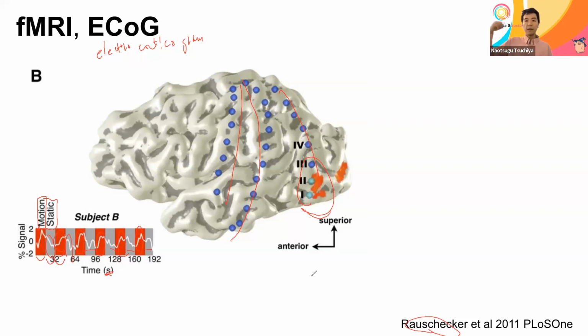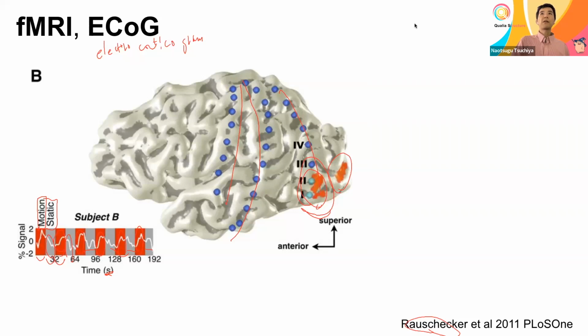This can be computed in terms of statistical reliability, and they find that this particular part of the brain for this patient happens to be MT, defined functionally according to fMRI criteria.